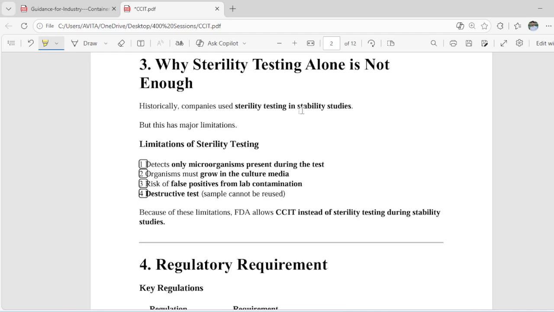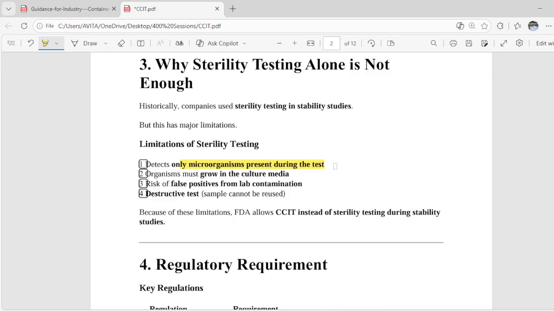Then why is sterility testing alone not enough? Historically, companies used sterility testing in stability studies, but this has some major limitations. Sterility testing detects only microorganisms present during that test. So it is not going to ensure that the product will remain free from microorganisms throughout its shelf life.